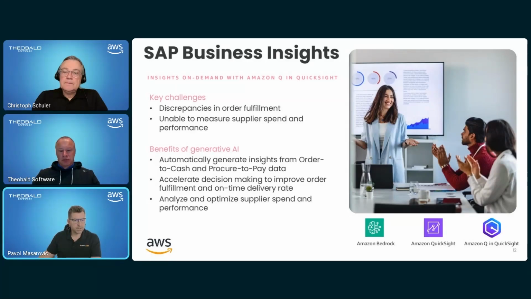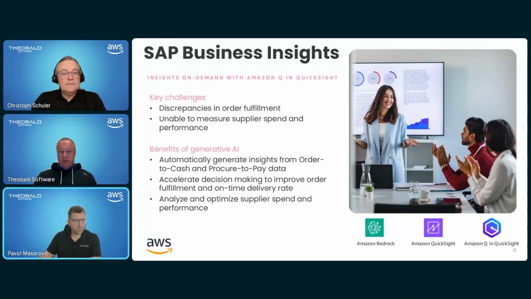And what do we see our customers facing within fulfillment? For example, lack of visibility and transparency, where limited real-time insights into the order status and fulfillment, or inefficient order management with the inability to effectively manage complex order scenarios or manual and error-prone order entry and processing.